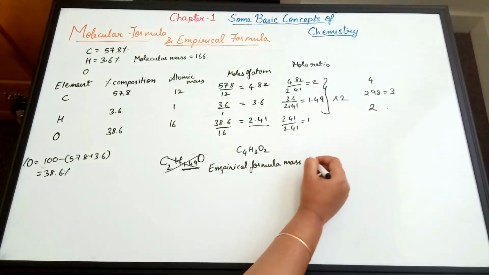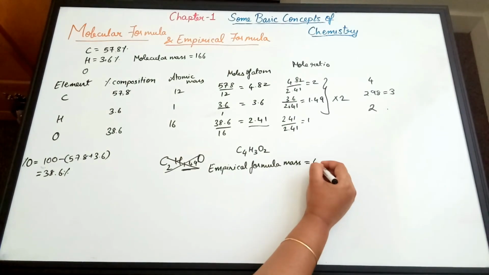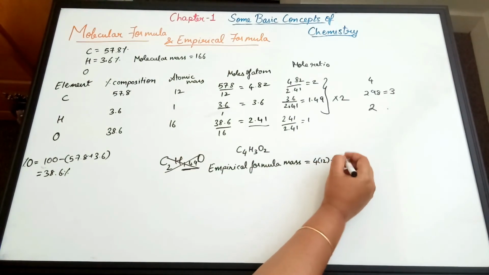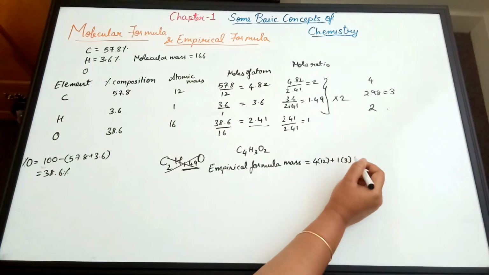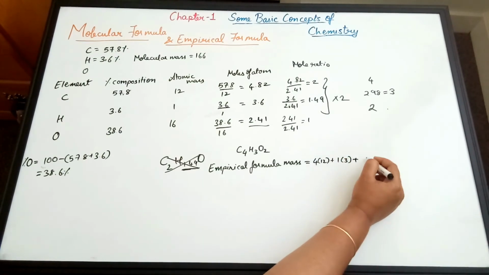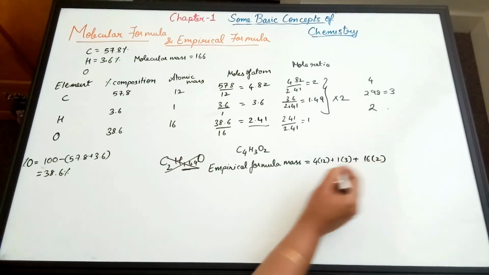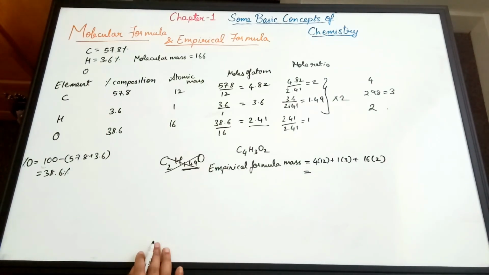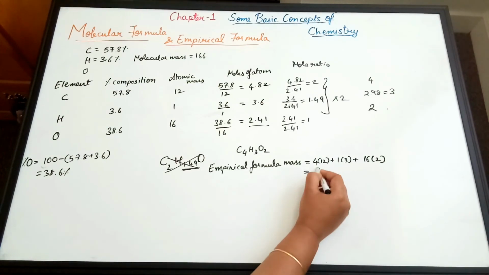That will be equal to 4 into 12, plus 3 into 1, plus 16 into 2. When simplified, this gives us the value of 83.